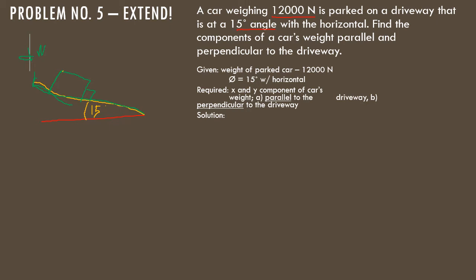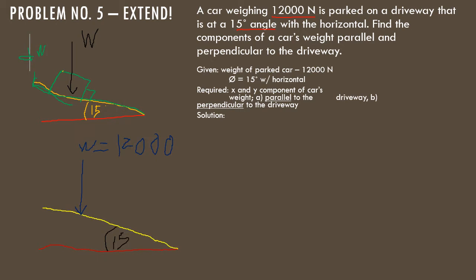Kapag pinag-uusapan ang weight ng isang bagay, palagi yung downward, so vertical, unless stated sa problem kung ano yung direction ng weight. Para mas maintindihan, i-redraw natin yung illustration.